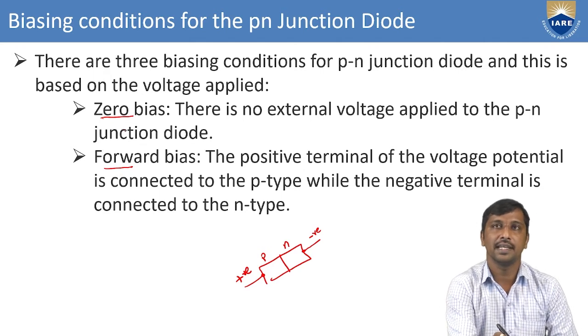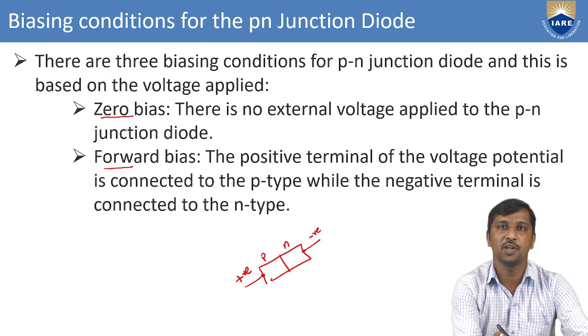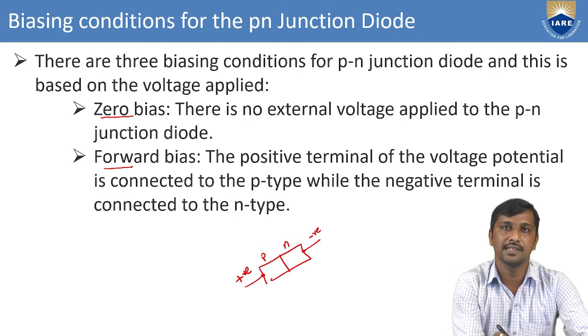Coming to the first case, zero bias means there is no external force between the P side and the N side. That type of biasing is called zero bias. And coming to forward bias, what is the meaning of forward bias?